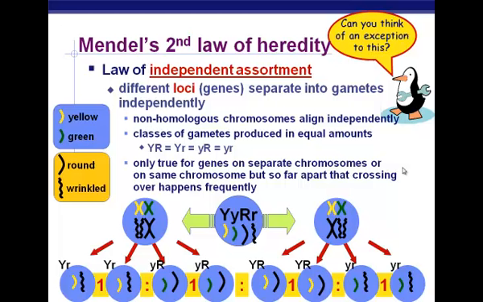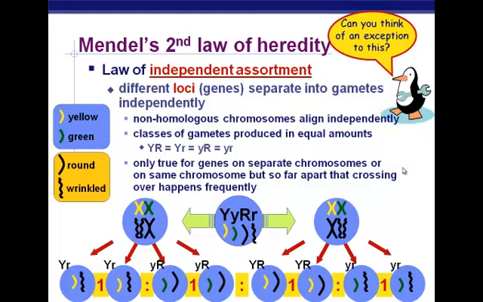Because when you think about it, if the gene for yellow and the gene for round were on the same chromosome, that chromosome is going to travel together, right, as one thing. And what Mendel's plants were doing is he was looking at traits that were on different chromosomes. And those different chromosomes did separate independently. What we'll find out as we continue on this chapter is we obviously have genes on the same chromosome, right?